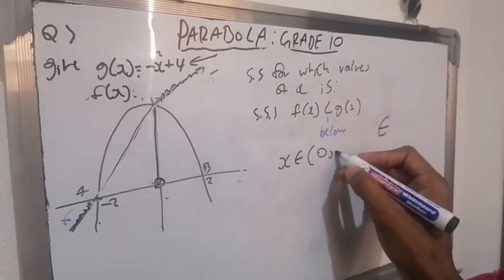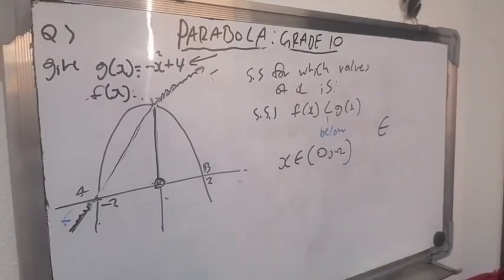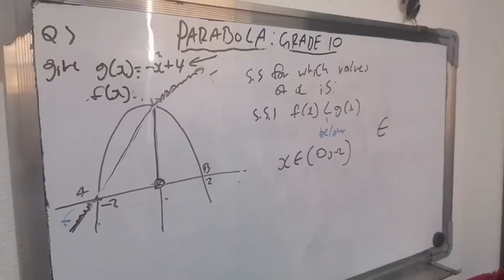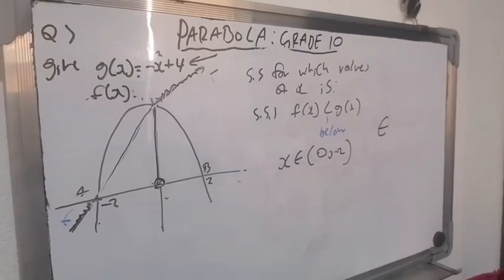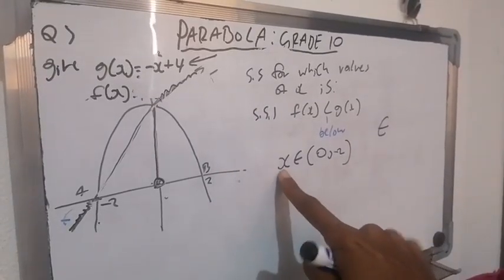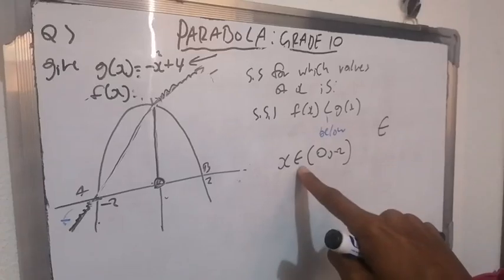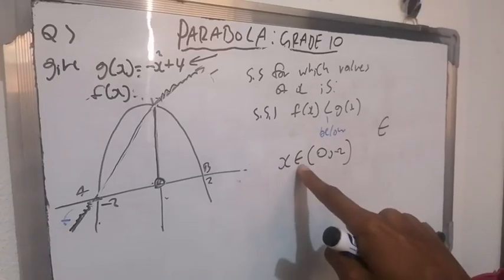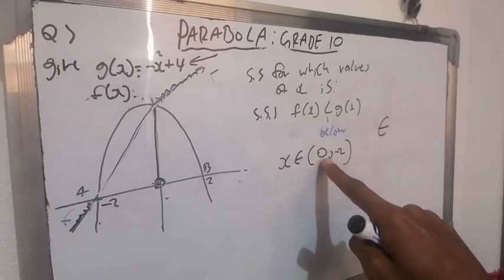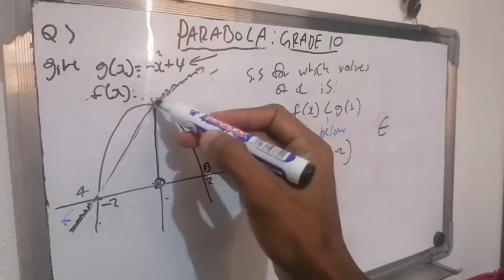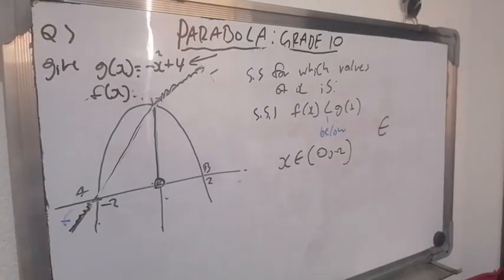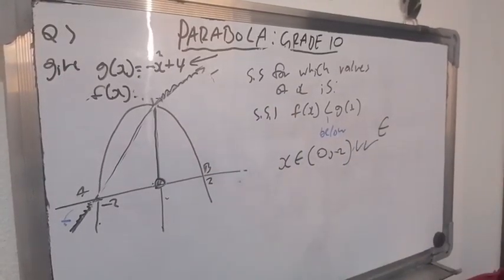Oh, hey, -2. Yes, I forgot. Nearly said 2 and it was going to be wrong. So you tell us that x is an element from -2 up to 0, because this is the only place where it is below. So this is what we are looking for. We're going to give you 2 marks to do that.